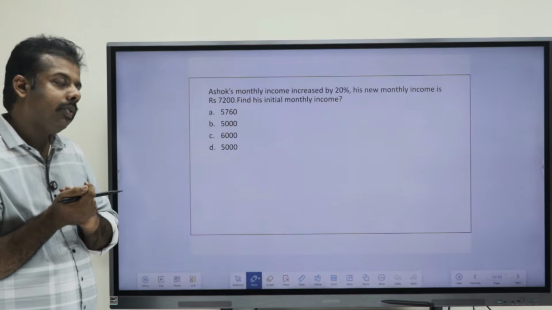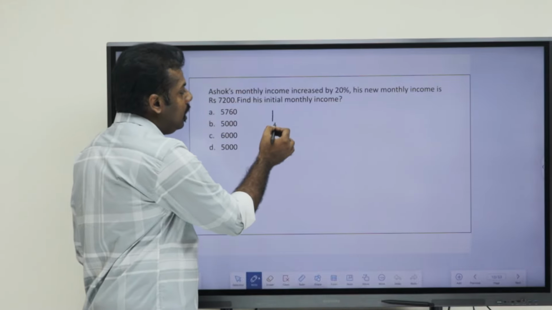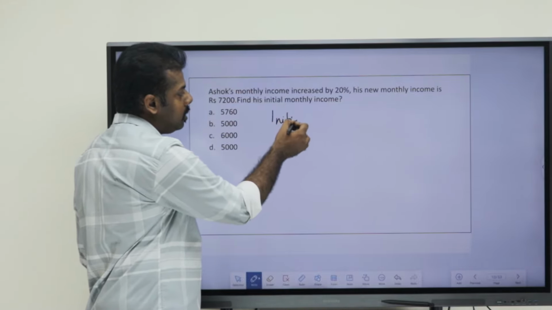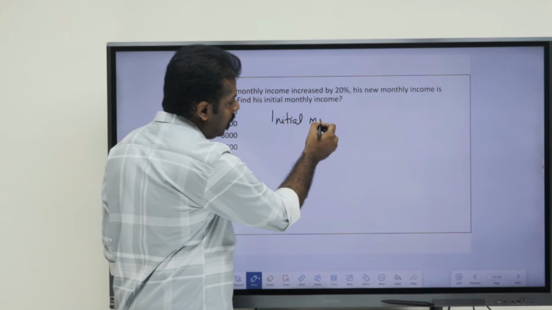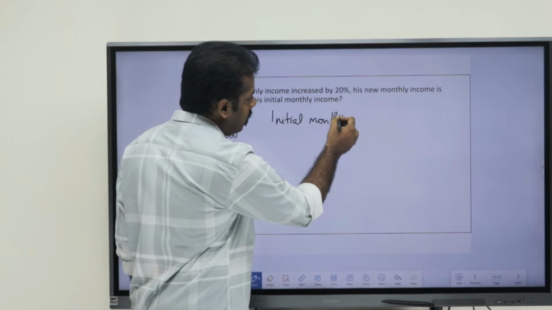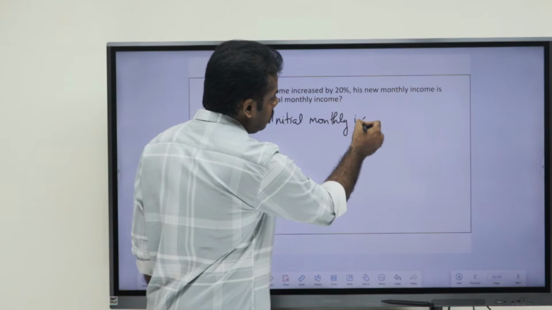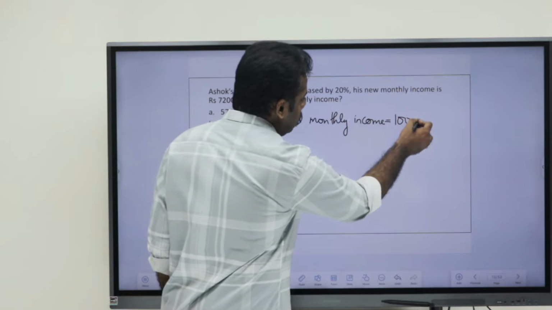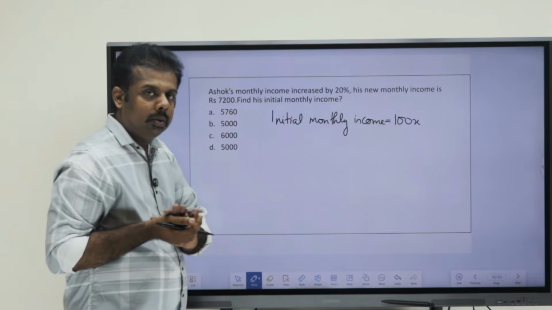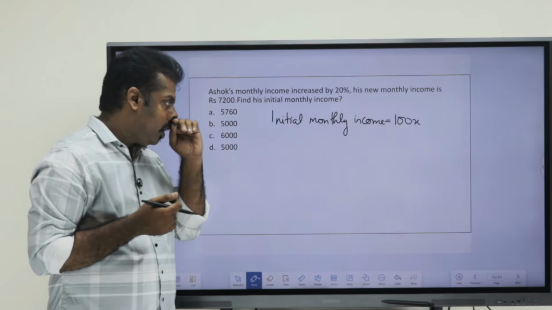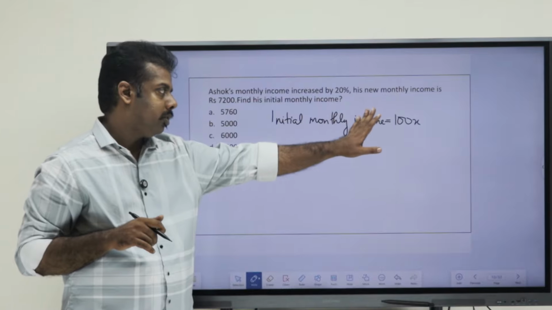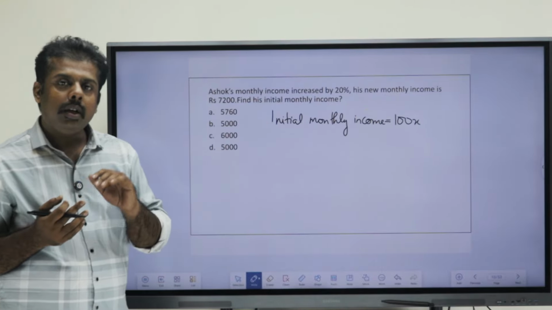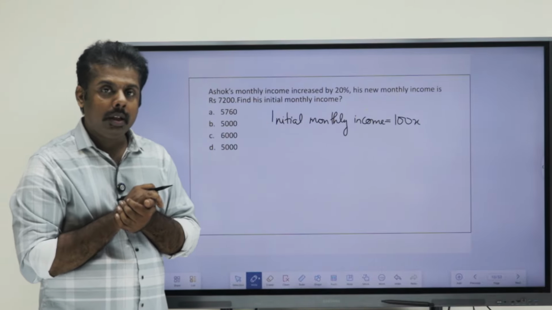So, what we can do is assume his initial monthly income, which is being asked, as 100x. I have just kept x so that any confusion will be removed. So, 100x is what we are taking his initial monthly income as.